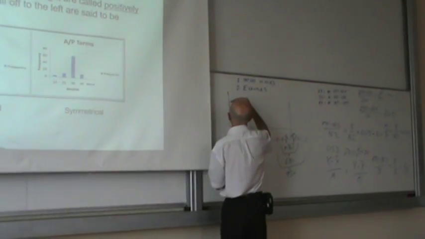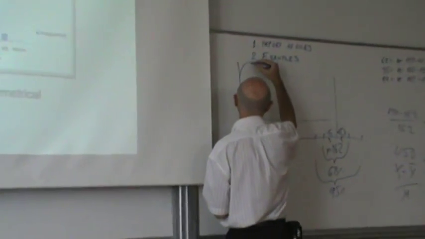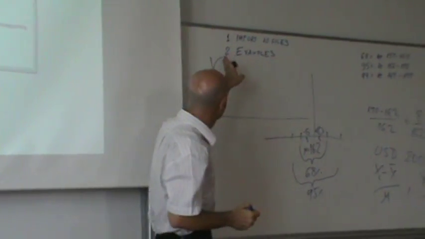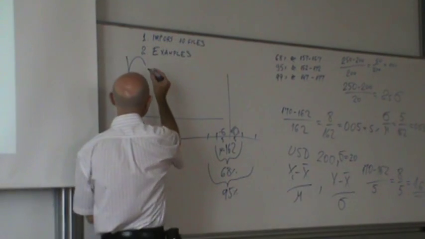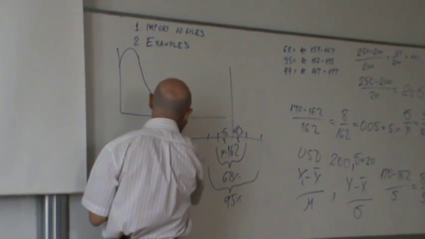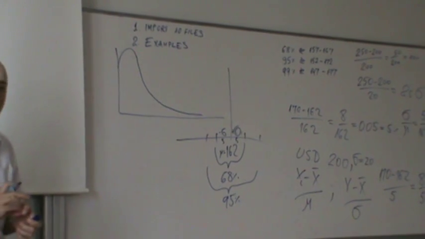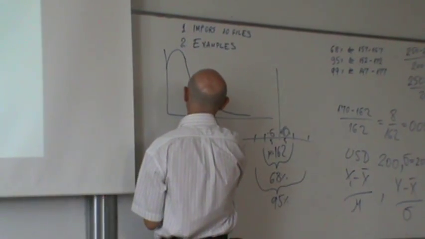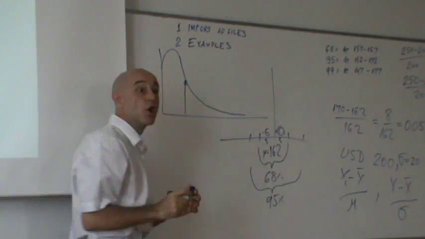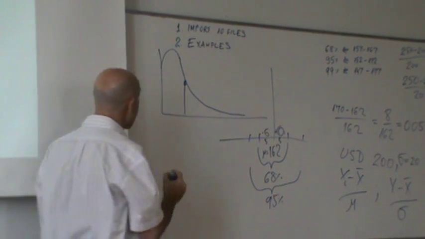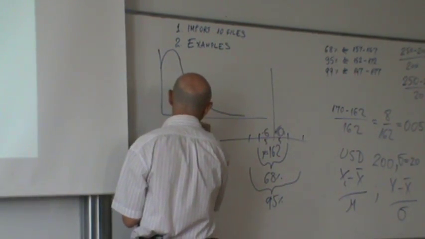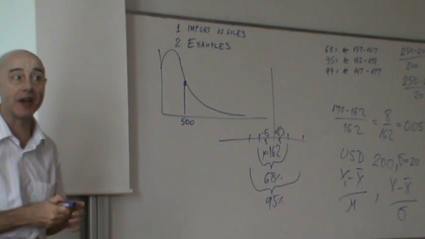You have a lot of poor people in this country, so a lot of them will be here. And then you're going to have very, very few people who are very rich. And maybe the average would be, let's say, $500. And that will look realistic.